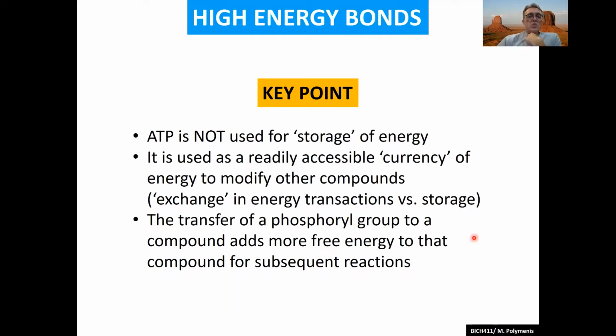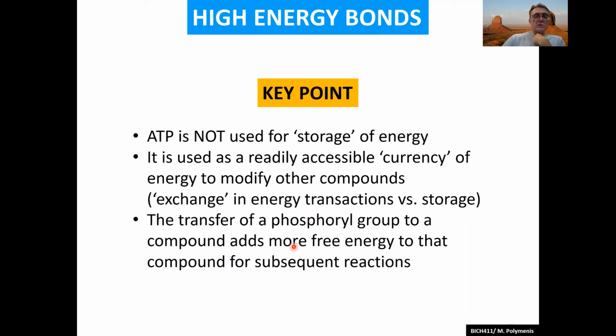So why is that good? Just like money, you pick up a $100 bill from somebody else that gave it to you, all of a sudden you have added to your free energy the ability to do useful work with your $100 bills. Likewise, you move a phosphoryl group from ATP to another compound, and that compound now has more free energy available to it if it gets involved in some chemical transformation for some other reaction.